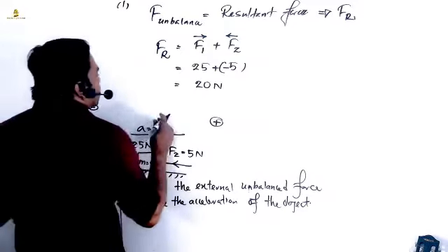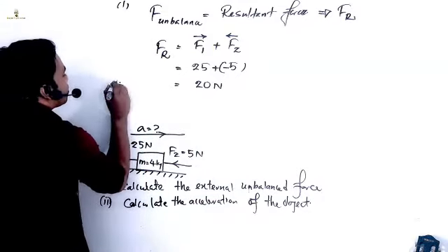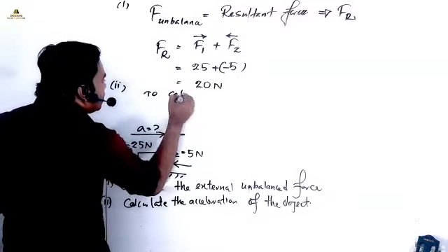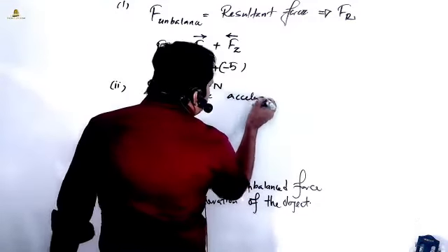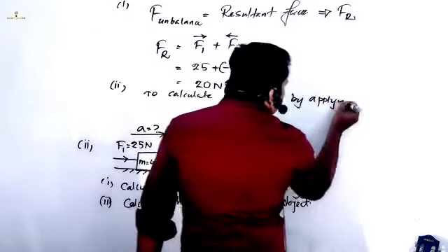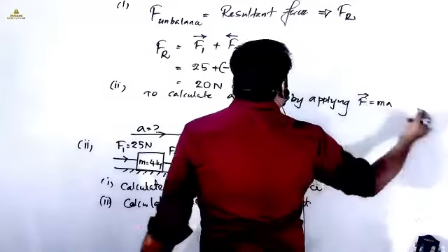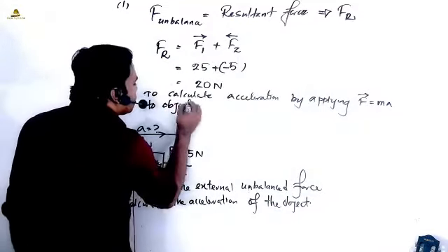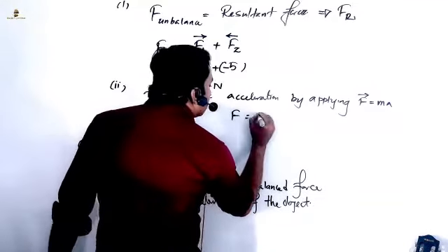For the calculation of acceleration, you have to make a statement: to calculate acceleration by applying F equals ma, Newton's second law equation, to the object. So now you are going to apply F equals ma.